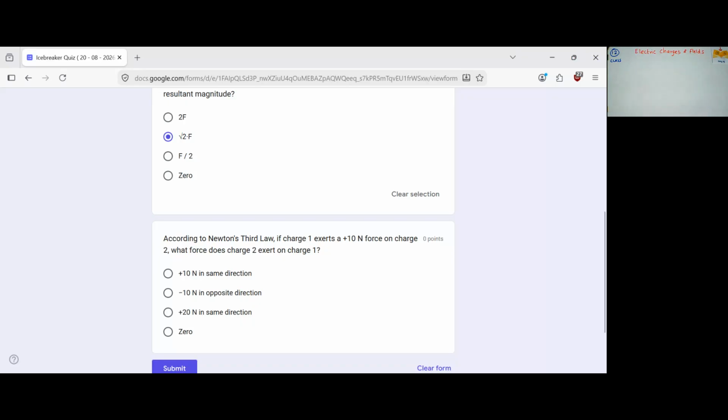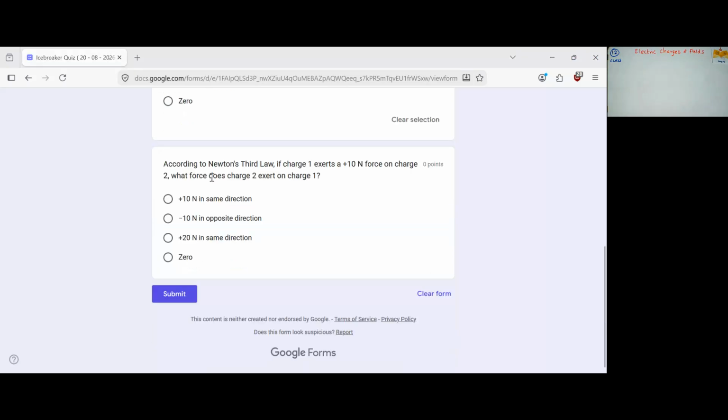Now question number 3. According to Newton's third law, if charge 1 exerts a plus 10 Newton force on charge 2, what force does charge 2 exert on charge 1?